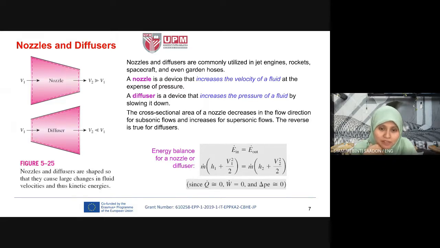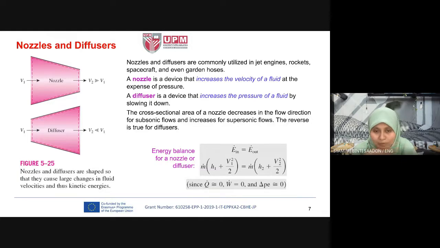Normally, a diffuser in an aircraft engine is located at the air intake, before the fan or compressor. So first we normally have this diffuser, and then we compress the air. We have this diffuser first to slow down the air intake and at the same time to increase the pressure.